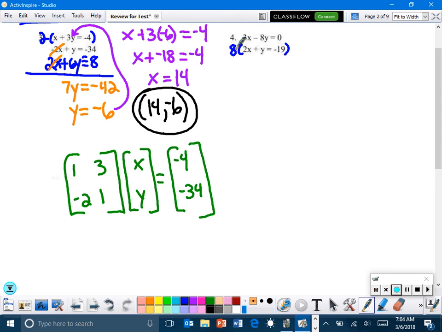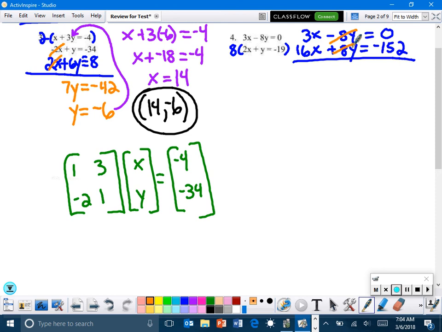So when I multiply that by 8, I get 16x plus 8y equals, and then 8 times negative 19 is negative 152. Okay, I'm going to rewrite the top equation above it. And I'm going to go ahead and eliminate. So the y's are gone this time.